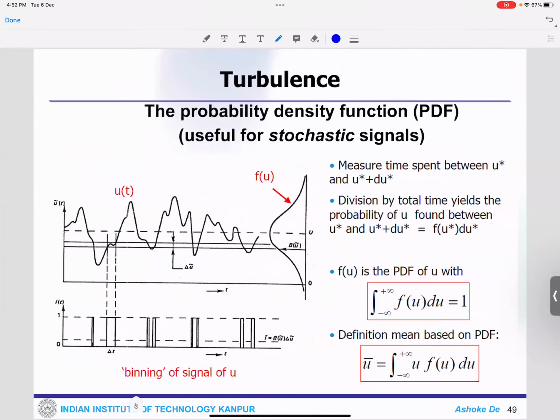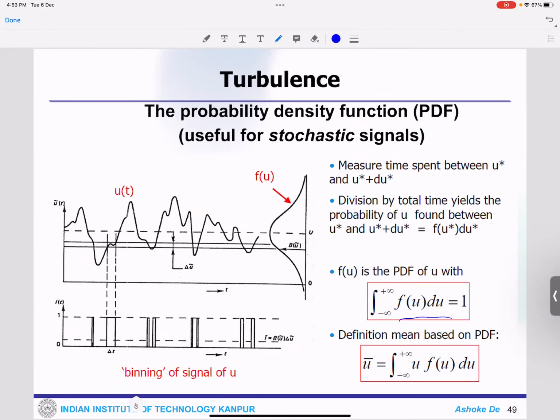Now, when you look at this time series data, turbulent data is quite stochastic in nature, so we always talk about the probability density function. This is how you define the probability distribution of that particular velocity field, and it is required when you talk about statistical models for turbulent combustion.